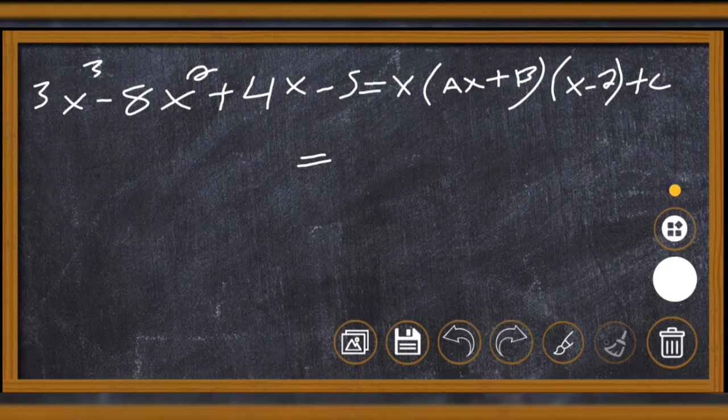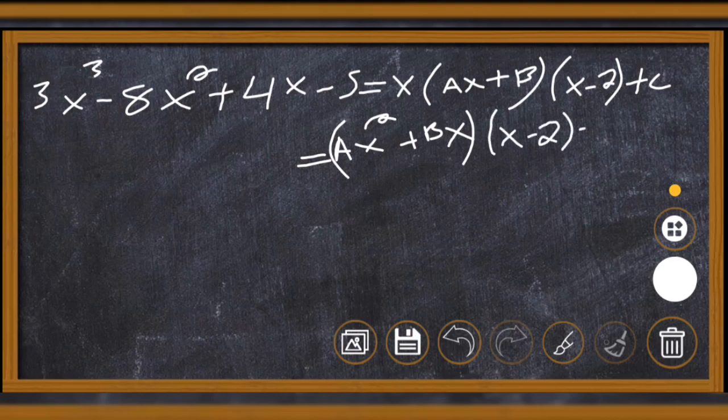We are going to have ax squared, because x multiplied by x is x squared, plus x multiplied by b, which is bx. Let's put this in brackets. So here we have x also minus 2, and then added to constant c.